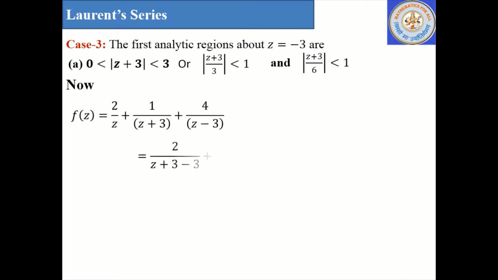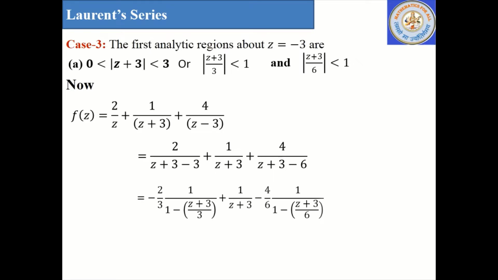In that case, the second term we keep in the same way, because we are finding the Laurent series expansion about z plus 3. So all the terms should be in the form of z plus 3. Here we have taken minus 3 common, so it is 1 upon 1 minus z plus 3 by 3, and in the second it will remain the same, 1 upon z plus 3 minus 4 by 6.